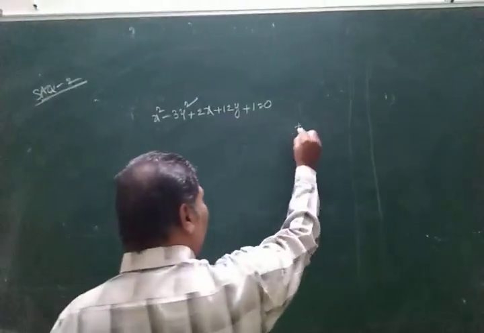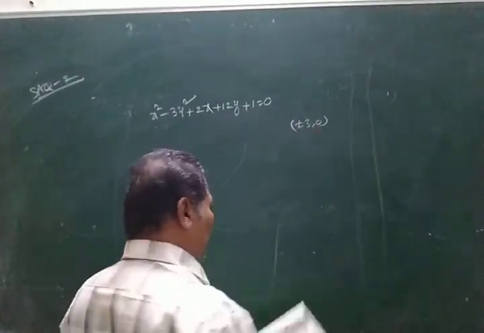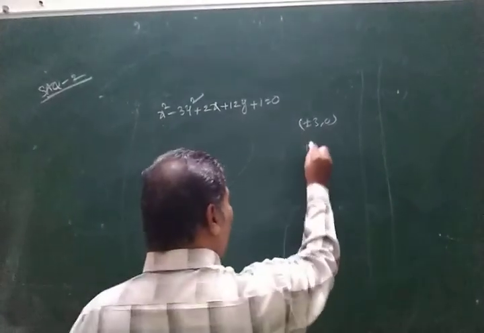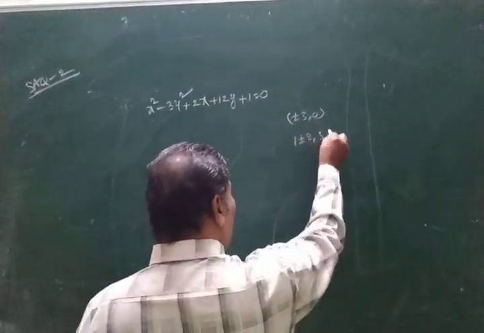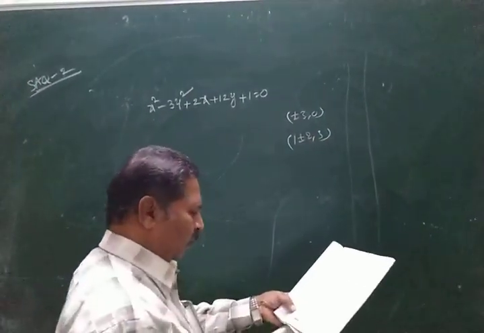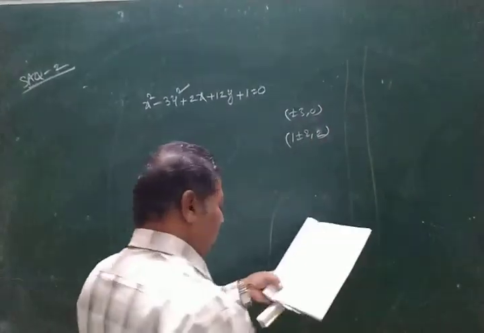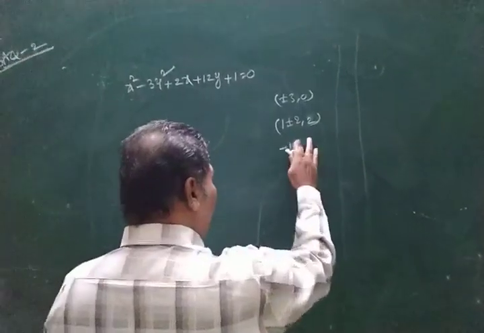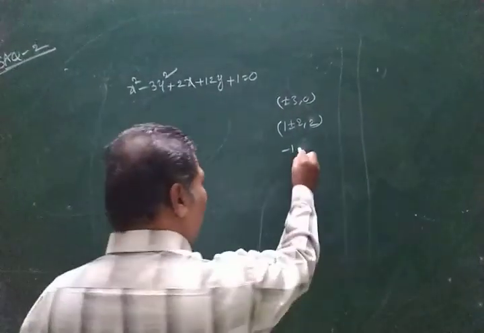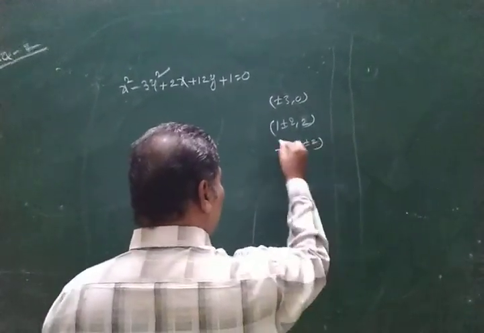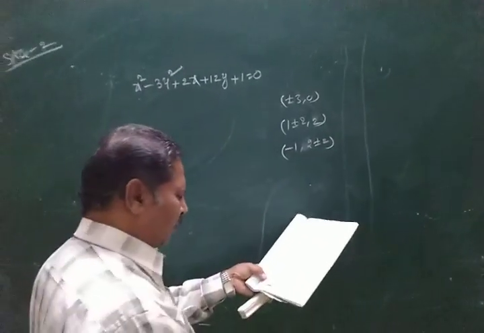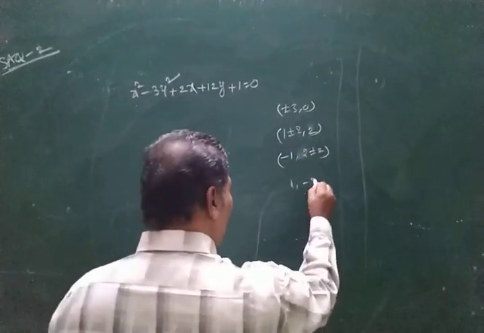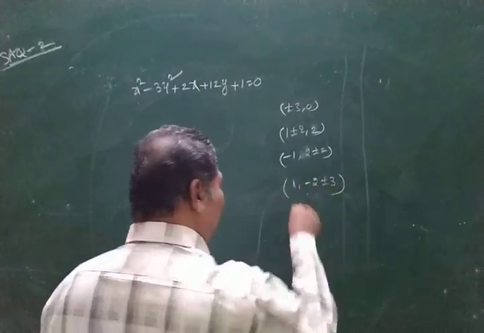Options: plus or minus 3 comma 0; 1 plus or minus 2 comma 3, 2; third option minus 1 plus or minus 1, 2 plus or minus 2; fourth option 1 minus 2 plus or minus 3.